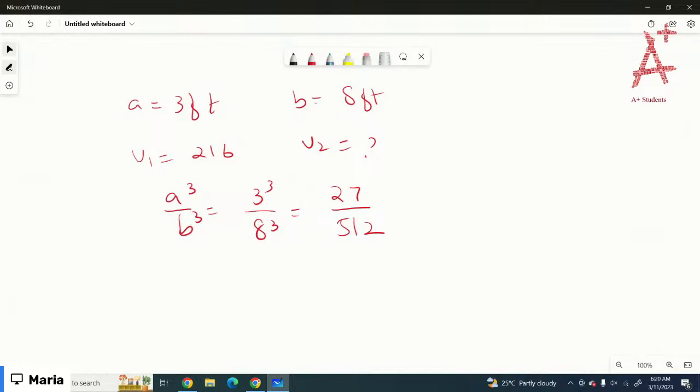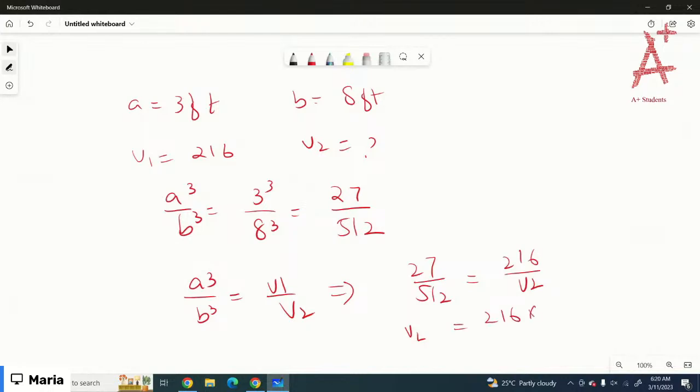Now we can equate the ratios. Got it? A cubed divided by B cubed equals V1 divided by V2. So it is 27 divided by 512 equals 216 over V2. Just do cross multiplication. V2 equals 216 times 512 divided by 27.